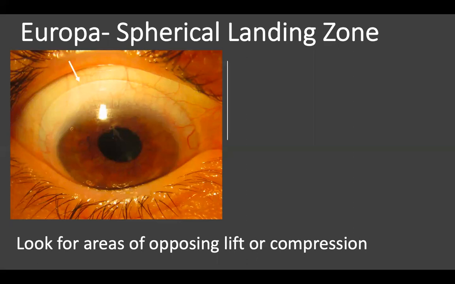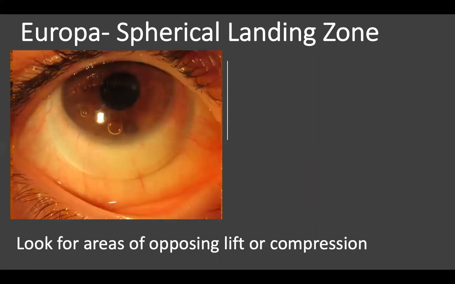For this patient in the superior quadrant, we see a small area of alignment or lift and horizontal compression. En este paciente lo que se observó es que sí hay cierta alineación en la parte superior, pero a nivel del meridiano plano o el horizontal se nota una cierta compresión.